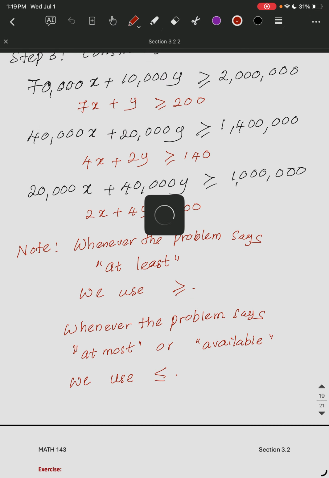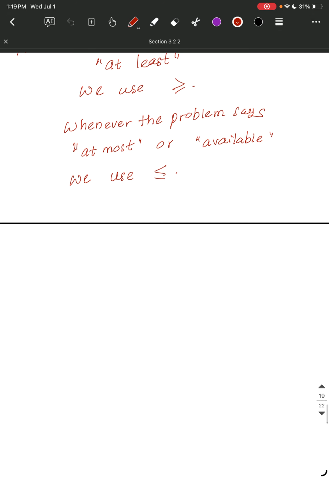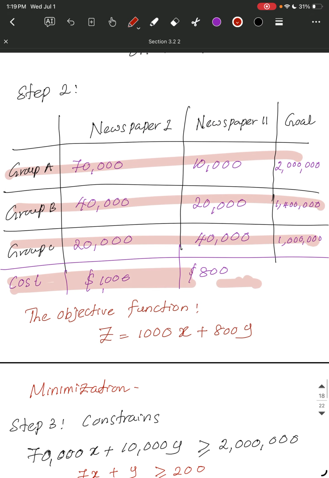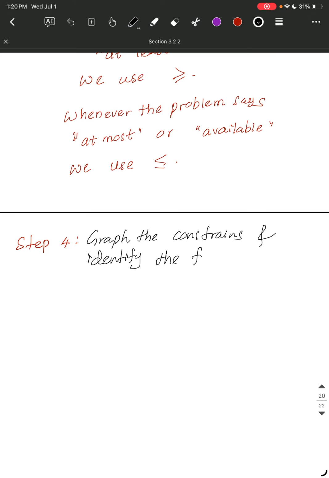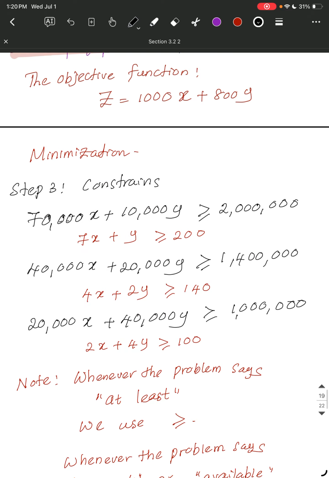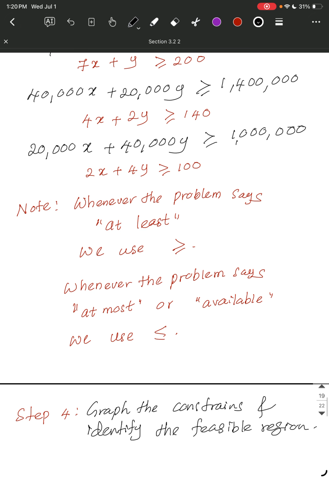Okay. Then let's graph the constraints. Step 4: graph the constraints and identify the feasible region, right? Also, we wanted to add two constraints, non-negativity, x greater than 0, y greater than 0 here.